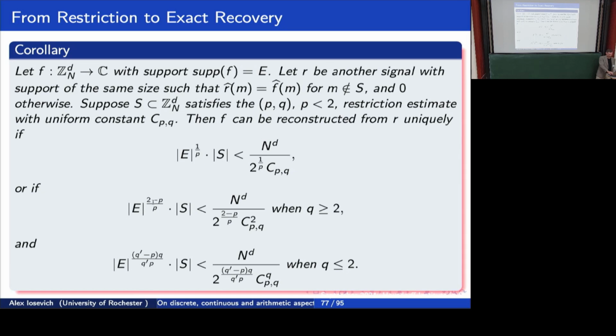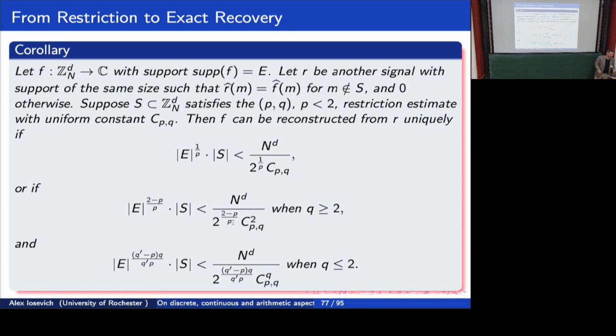So if the size of E to the 2 minus p over p times the size of S, where S is the set of missing frequencies and E is the support of the signal, is less than N to the d divided by C_pq squared, and you have this factor 2 to the power of 2 minus p over p. That factor simply comes from the fact that when you have that signal g, if you assume that you don't have exact recovery, then the support of f minus g is at most twice the support of f, and the various factors of 2 that you see come from that.